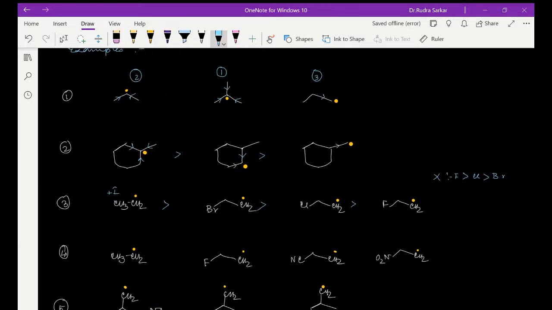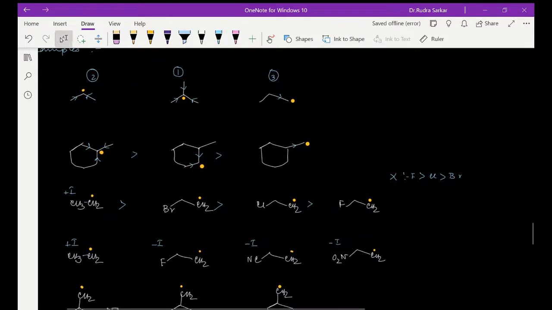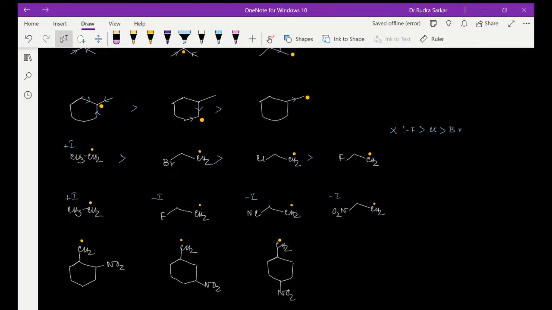Again over here we can see this group is having plus I effect, whereas the others are having minus I effect, minus I and minus I. And if we compare the minus I effect, then obviously we will say NO2 is having more minus I effect than that of CN, which is having more minus I effect than that of fluorine.